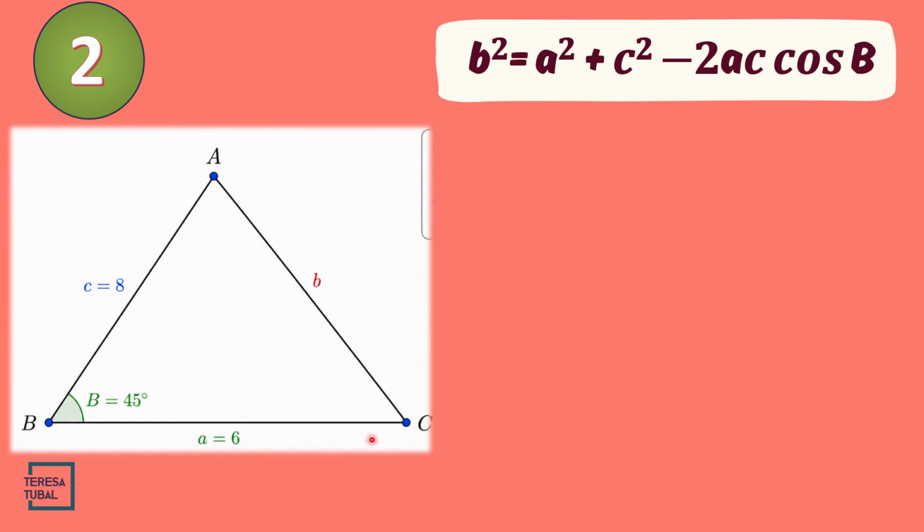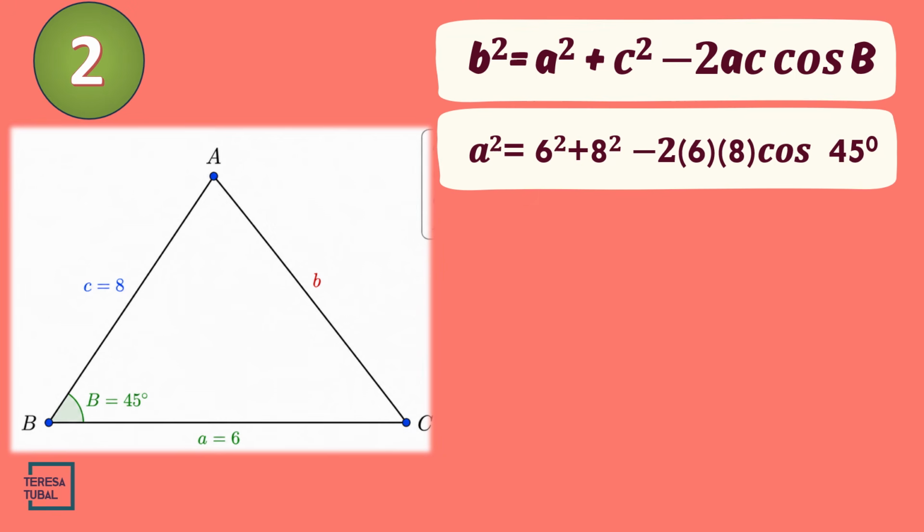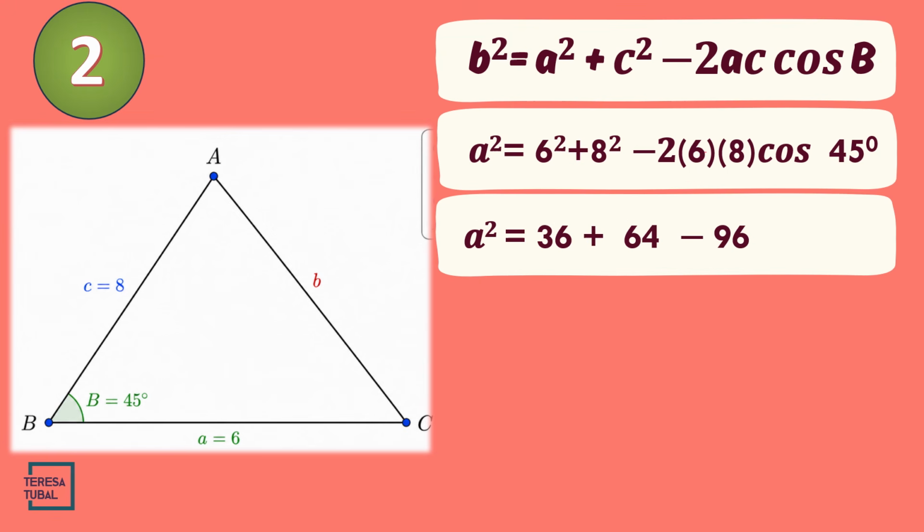So that becomes b squared is equal to 6 squared plus 8 squared. Copy negative 2, a is 6, c is 8, and then cosine B, that is 45 degrees. 6 times 6, that is 36. 8 times 8, that is 64. Negative 2 times 6 is 12, times 8, that is negative 96.